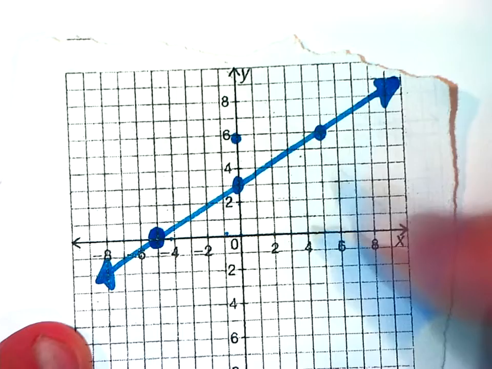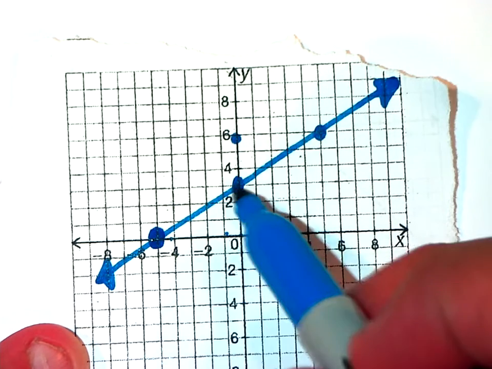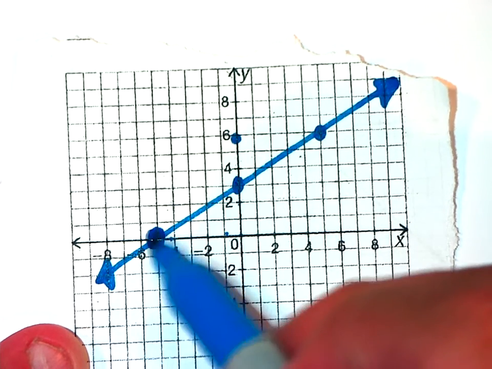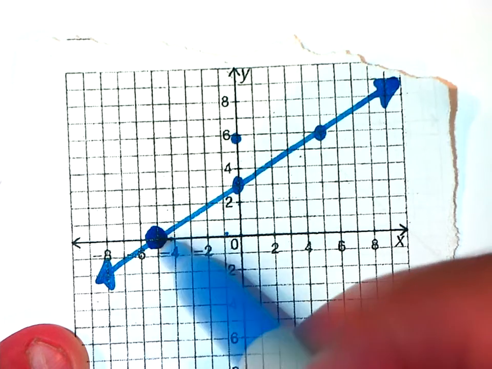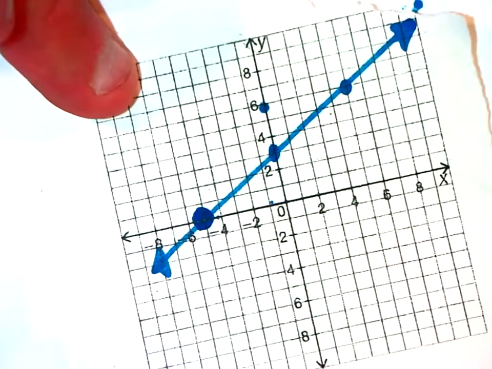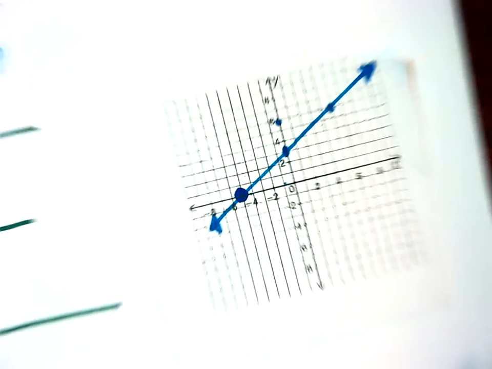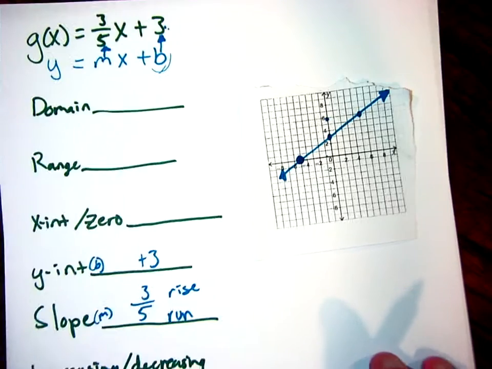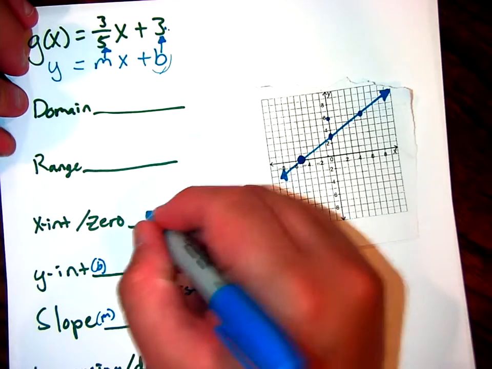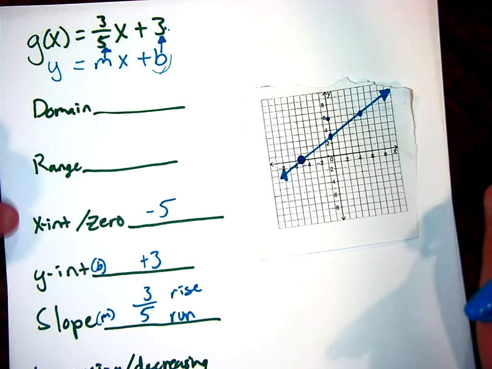Your y-intercept, I'm sorry, not the y-intercept, the x-intercept here, the y-intercept's up here. The x-intercept here is a pretty point, and it lands specifically on that one spot, which is -5. So I'm going to zoom out here, and we're going to go ahead and fill that in. And then I'm going to show you guys how to get that if it's not a pretty point. So our 0 here, our x-intercept, is -5.